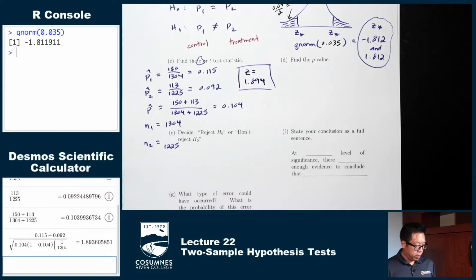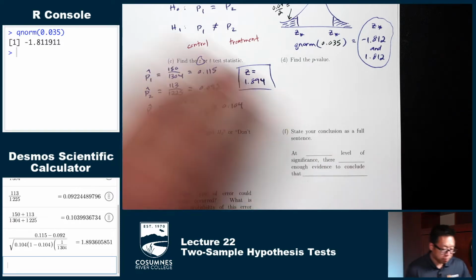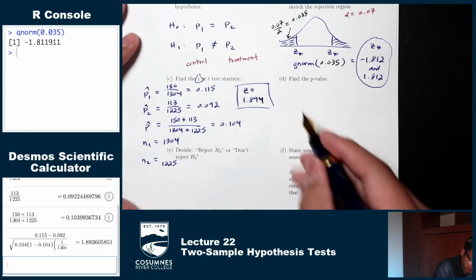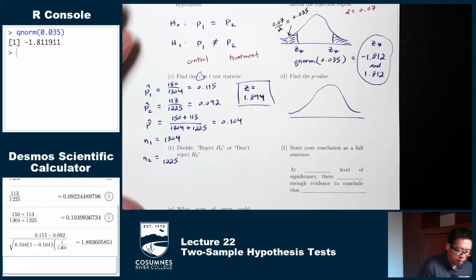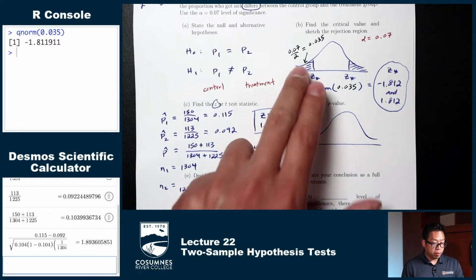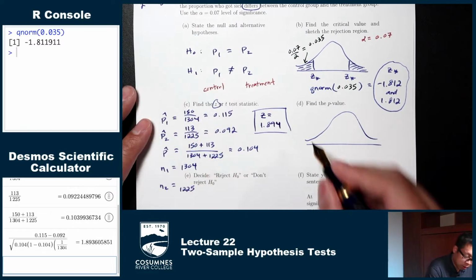Part D. So part D will be the same as what we did in the last lecture. Find a p-value. We're going to start off by drawing our picture. Should be the same picture as in part B. Should still be 2 tails because of the not equals.